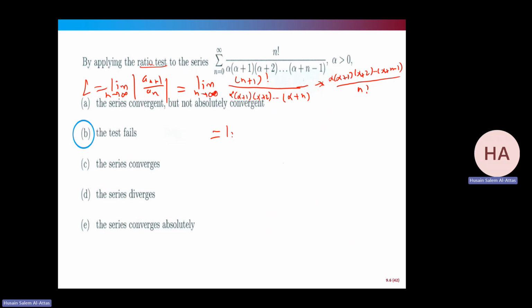So that gives me the limit as n goes to infinity. All of this cancels with this one, and I have n plus 1 over alpha plus n. That is 1. So it means the test fails.